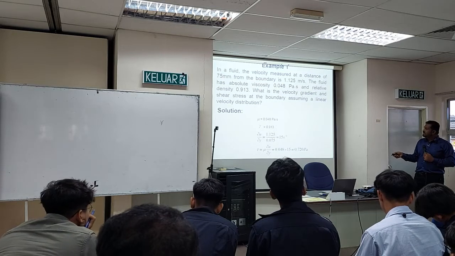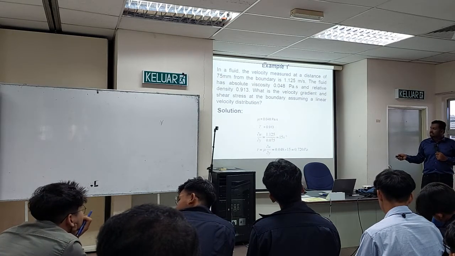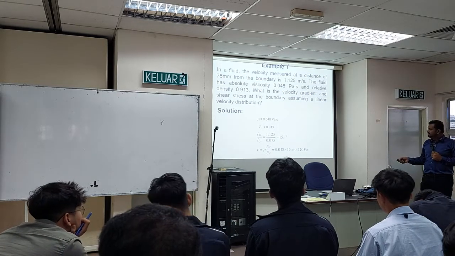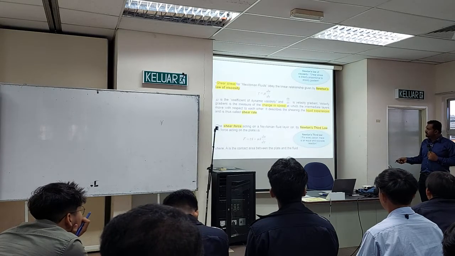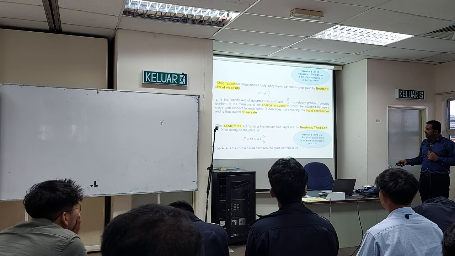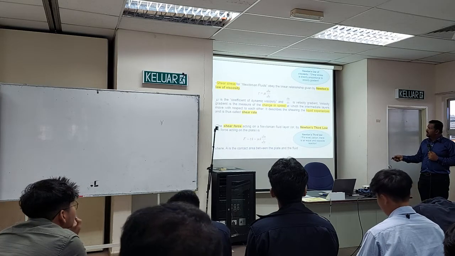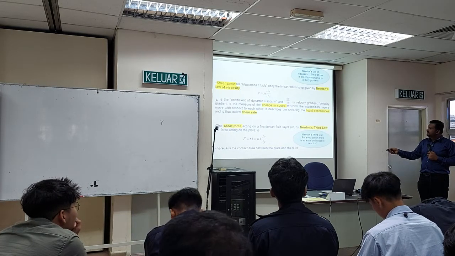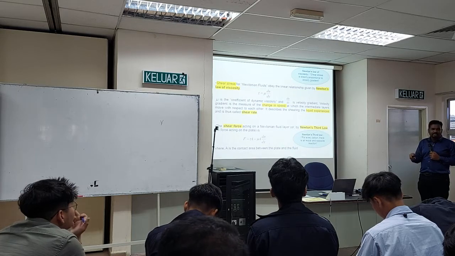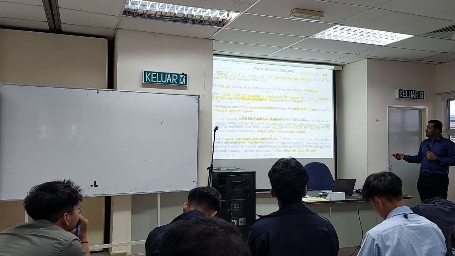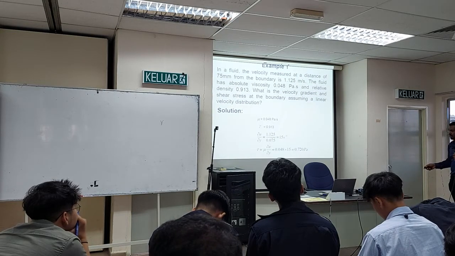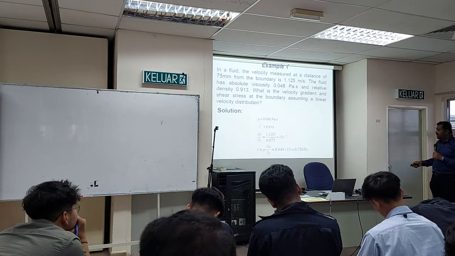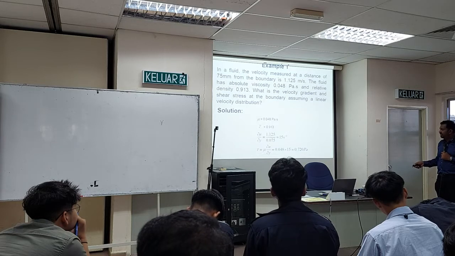Then the second part asks to find the shear stress. So the shear stress formula is this one. If you write it separately, you don't need to refer back. So tau equals mu du over dy.